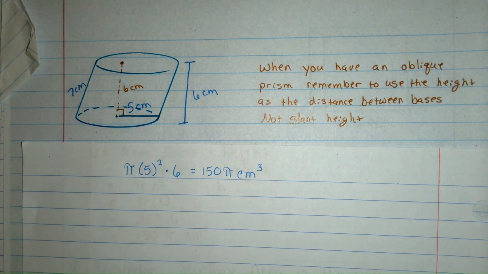So make sure you're getting the true height between the two faces, not any cross-tracking across. The smallest number between the two faces is what you want for your height. And if you can remember that, area of the base times the height gets you your volume. You don't need the formula sheet.